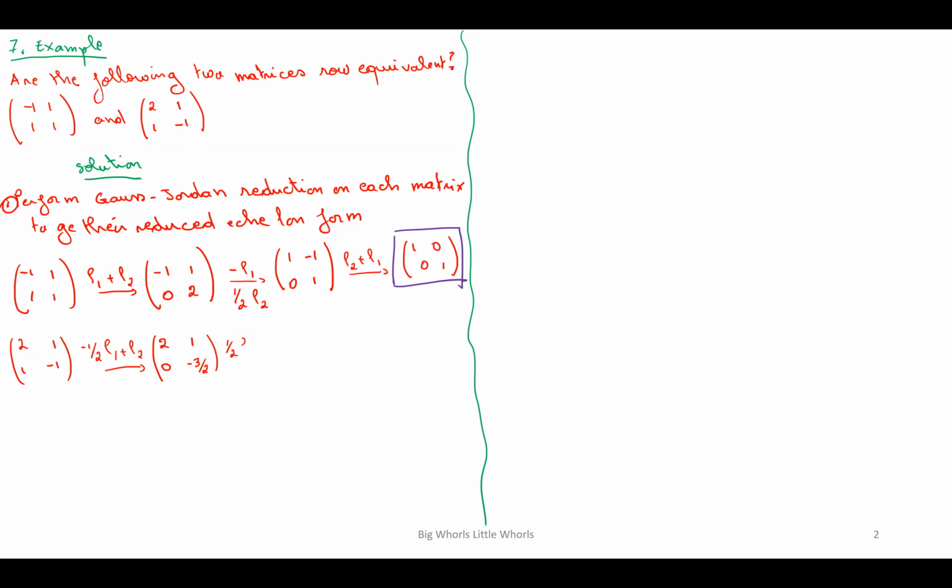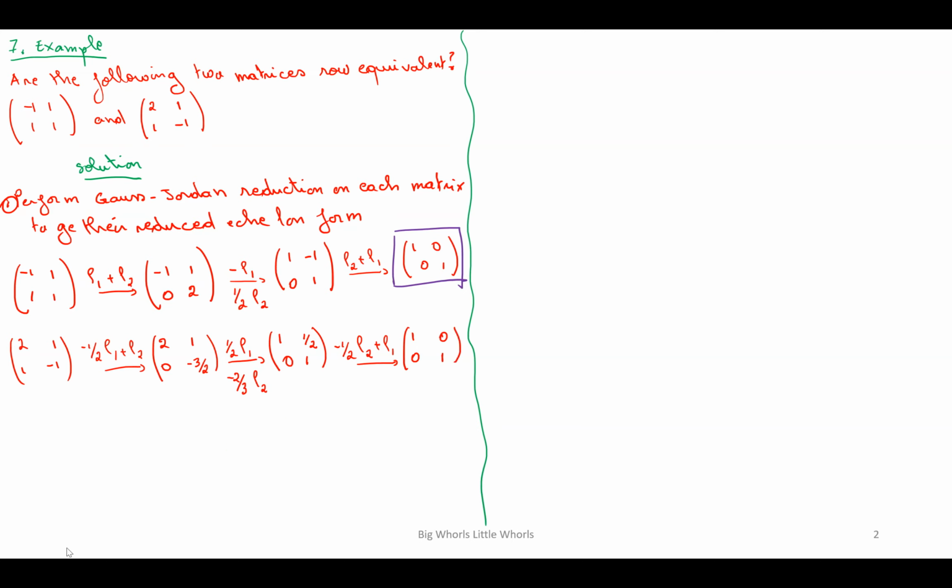I have a half, row 1, will give us 1 and a half. And then we have minus 2 over 3 times row 2. I have 0 there. Okay, so 1 there. And then use the 1 in the second row to eliminate the half in the first row. Okay, so we have a minus a half, row 2 plus row 1. Okay, so 0, 1 there, 1 and 0.